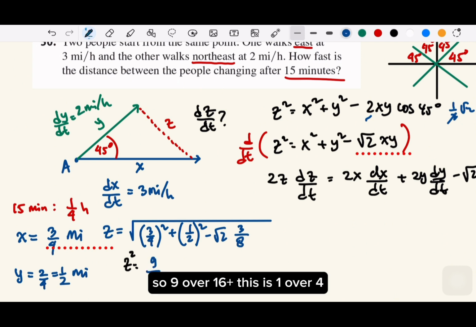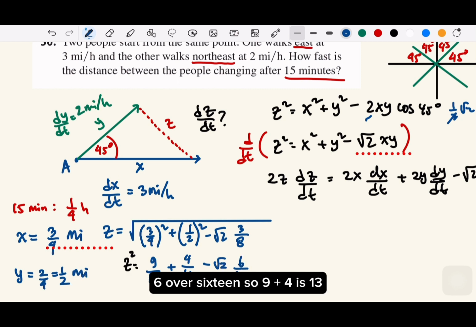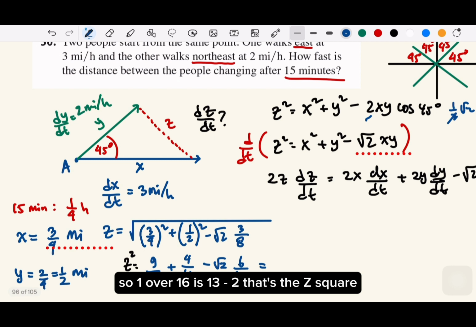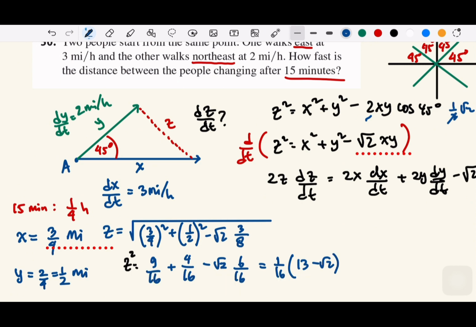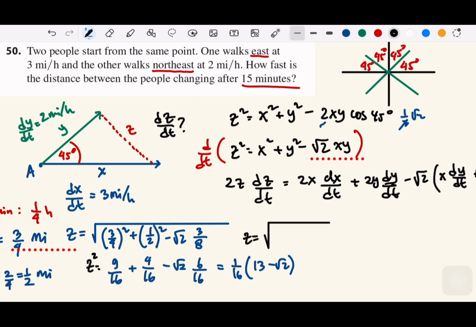So 9/16 plus, this is 1/4, but I would like to write it as 4/16, minus this is 6/16 times square root of 2. So 9 plus 4 is 13. So 1/16 times 13 minus 6 square root of 2. That's z squared. But then we are going to have z, so z is the square root of that.